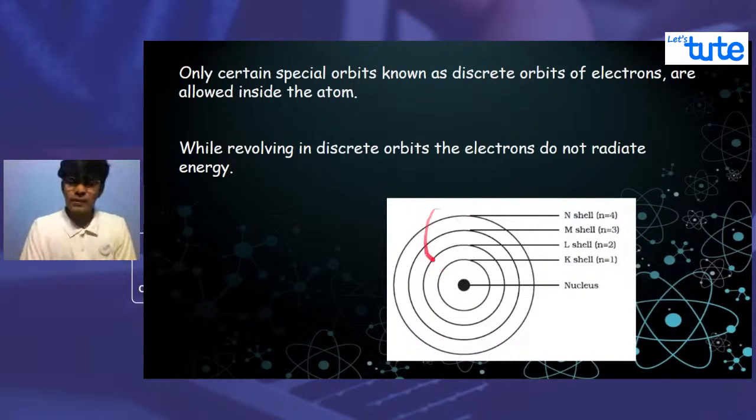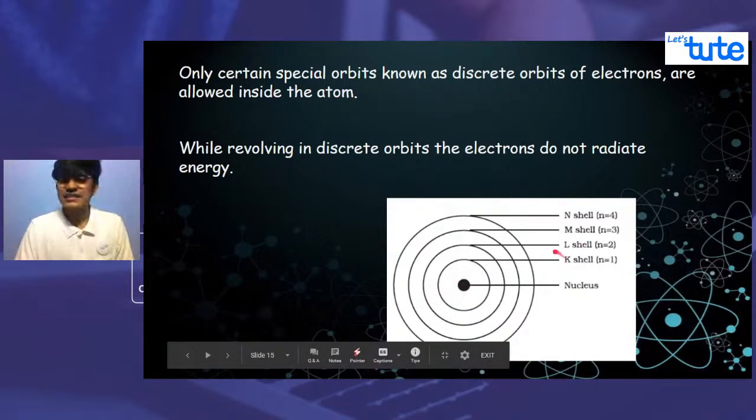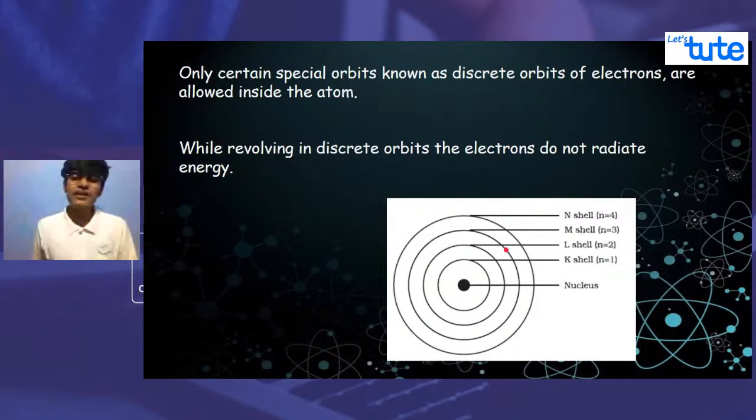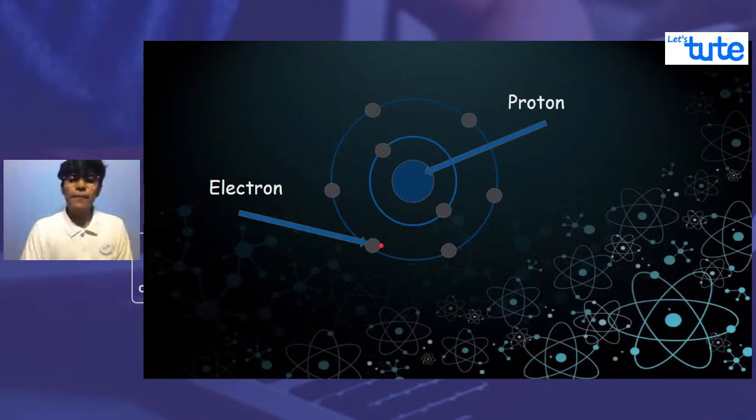These shells, or orbits, are known as energy levels, and for representation purposes, you can name the first shell as K, the second shell as L, the third shell as M, and so on. Or you can even number them, that is 1, 2, 3, 4, and so on. So this was all about Niels Bohr's atomic model.